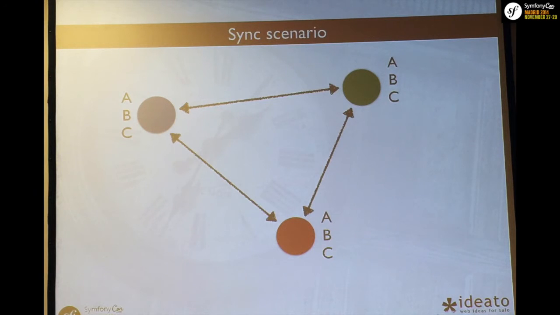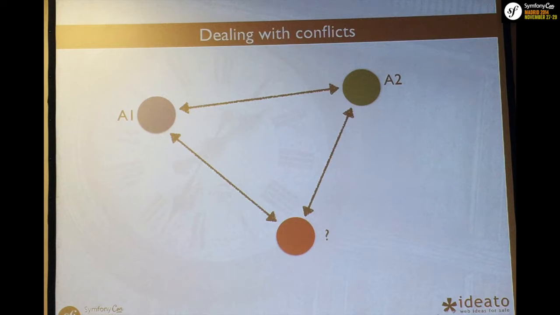Fine. In this scenario, we also need to deal with conflicts, because what happens if 2 nodes work on the same data and modify it in a different way? In this example, the blue node modifies the record from A to A1, and the green one modifies the record from A to A2.